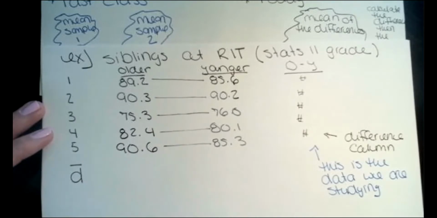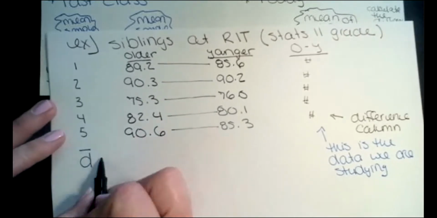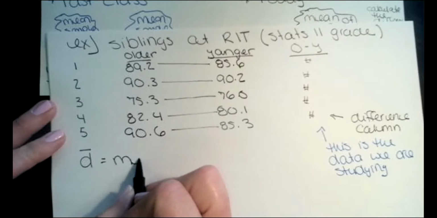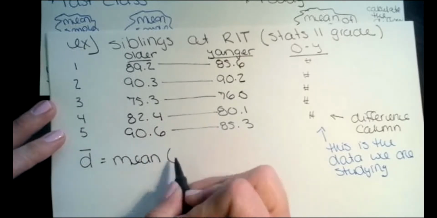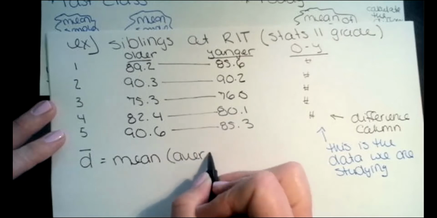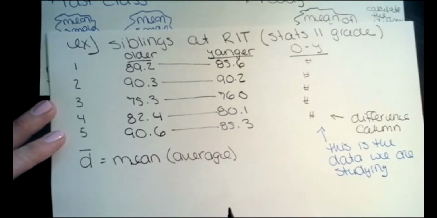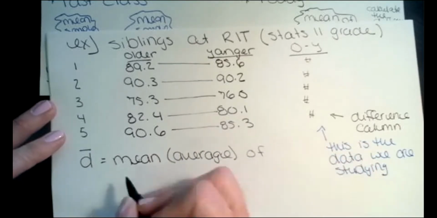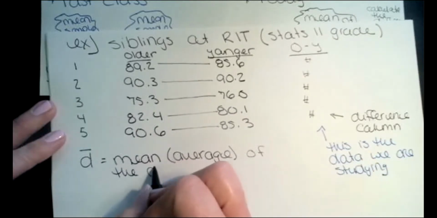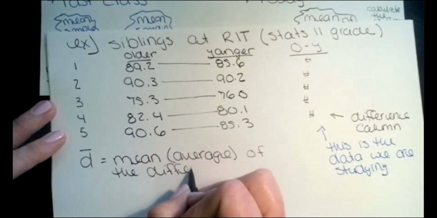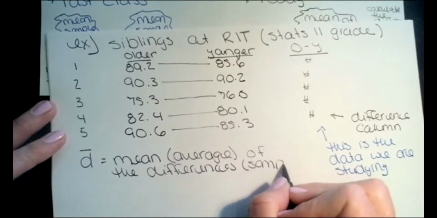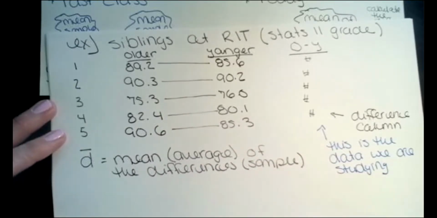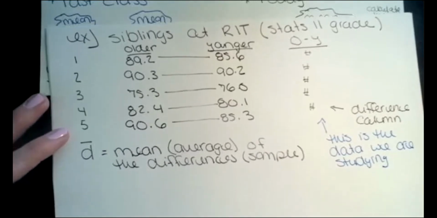So D bar is very similar to x bar, and this is going to be the mean of my sample, or we can say the average of that sample of the differences. I'm just going to put sample here so we understand that it's for my sample. So that's my D bar.